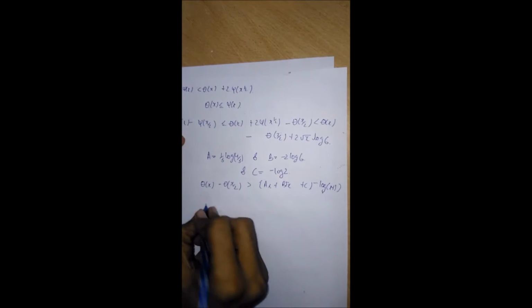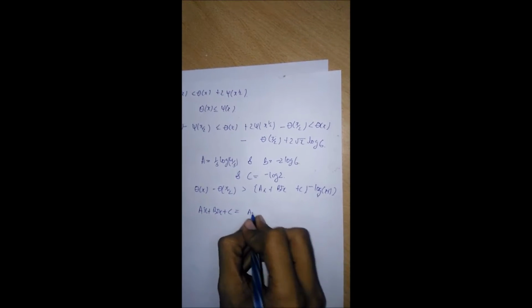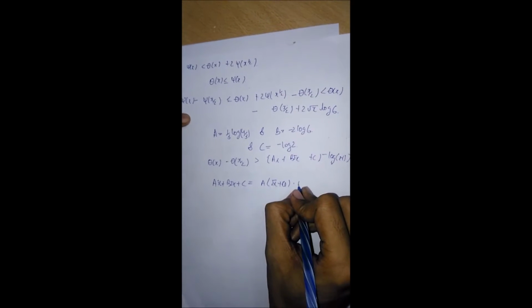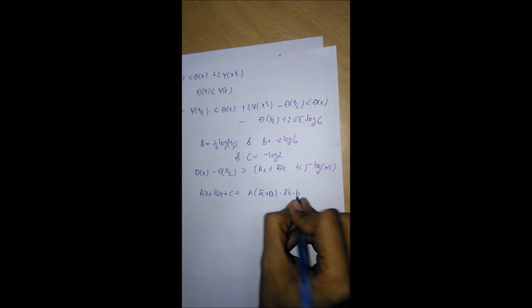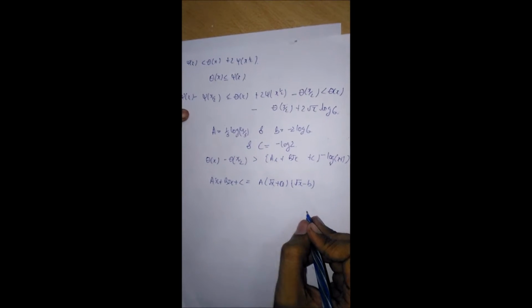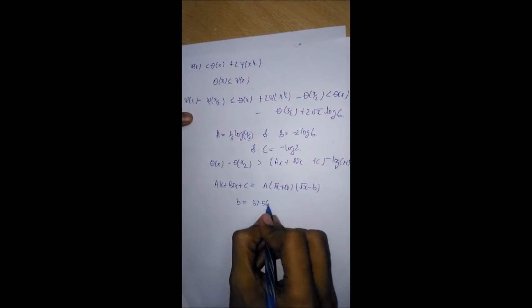We can write ax plus b root x plus c as a into root x plus a into root x minus b, with a and b positive and b equal to 37.562.